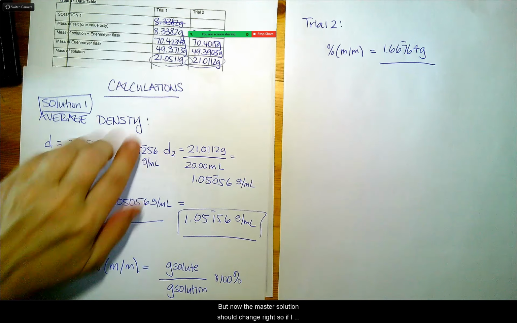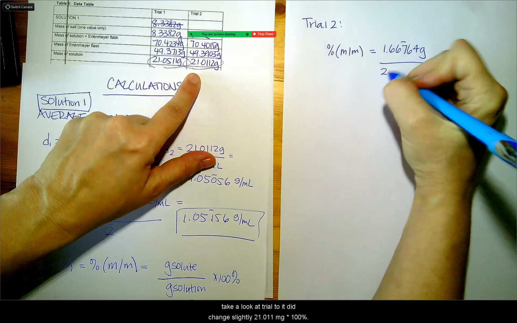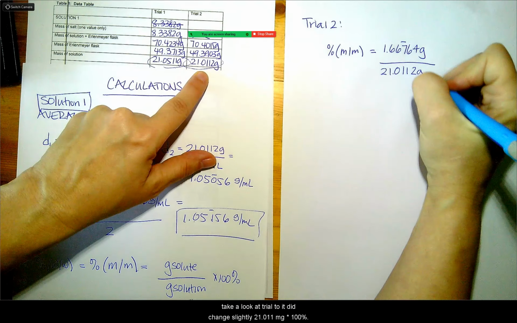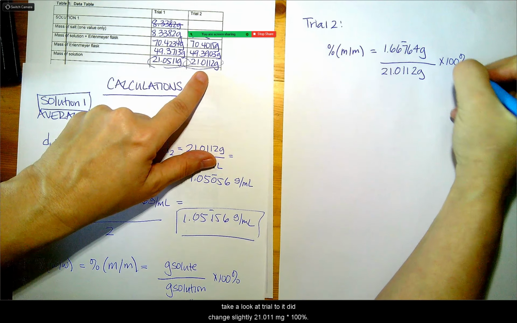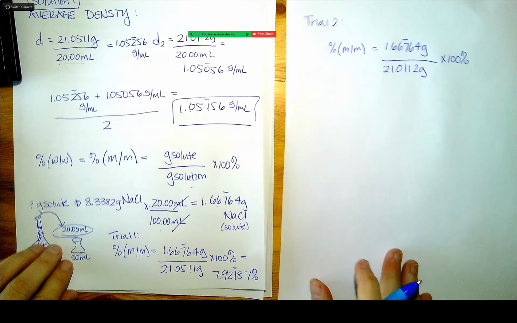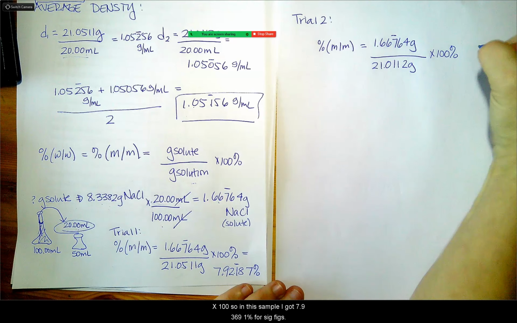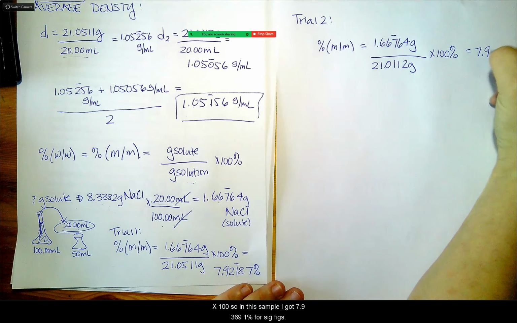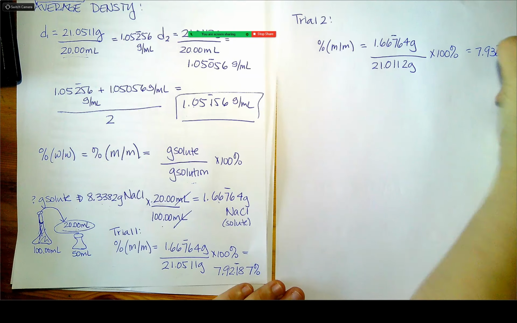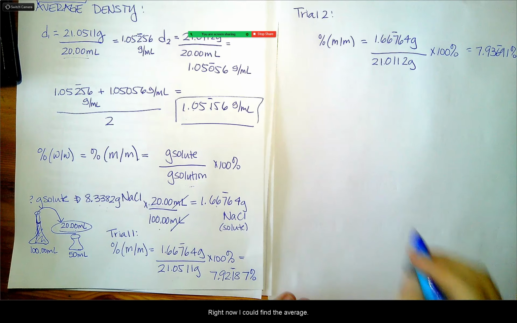If I take a look at trial 2, it did change slightly, 21.0112 grams times 100%. So here we're going to have 1.66764 divided by 21.0112 times 100. So in this sample, I got 7.93691% for sig figs.